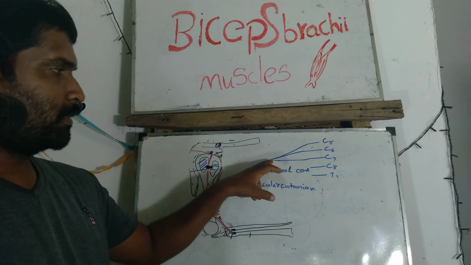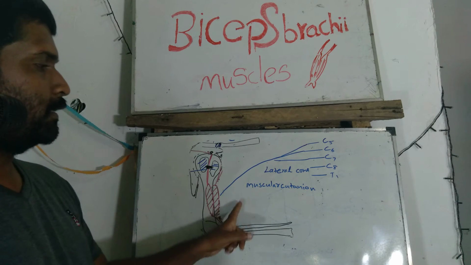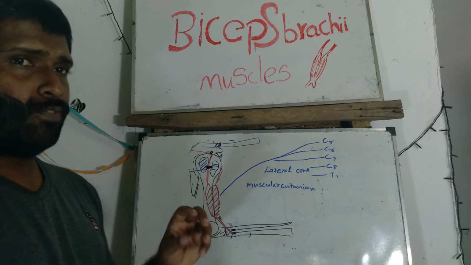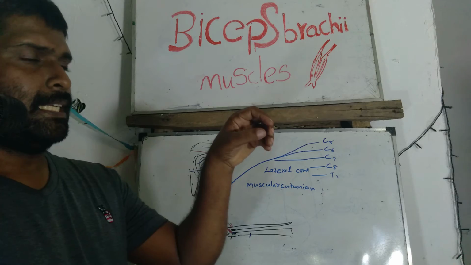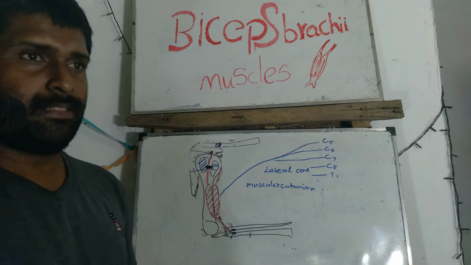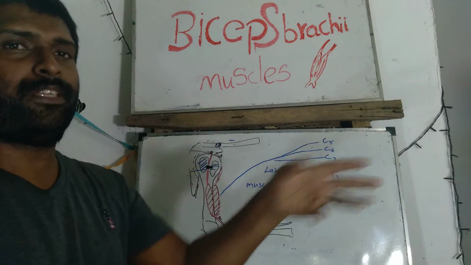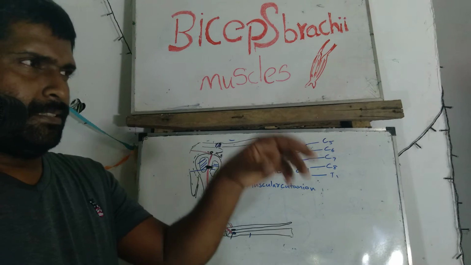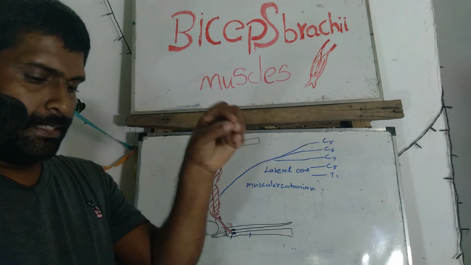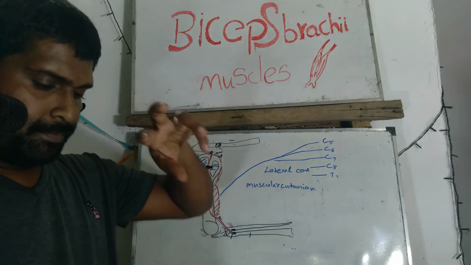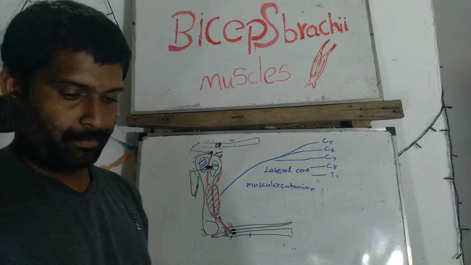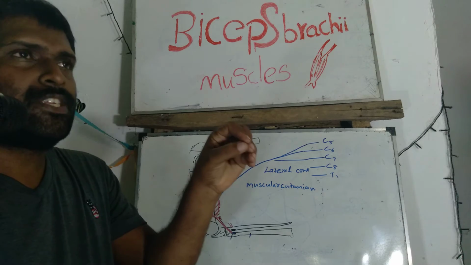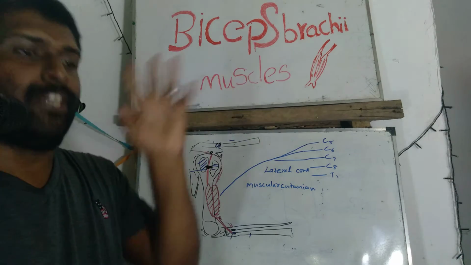Some stimulation comes via this nerve. It gives some form of stimulation to the inside filaments, the actin myosin filament. The action potential stimulates gradually upwardly.